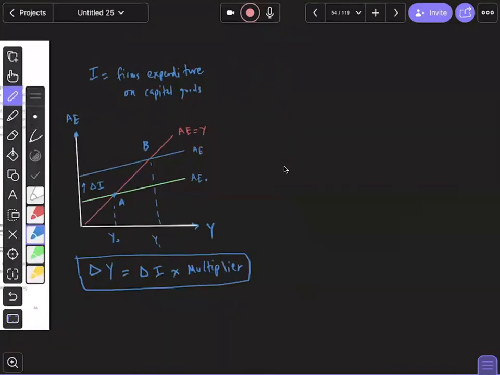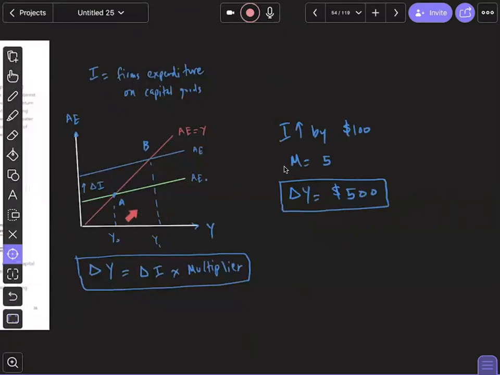For example, if your investment went up by 100, and your multiplier is 5, then your change in Y will be more than proportionate to the change in I, which is going to be 500.